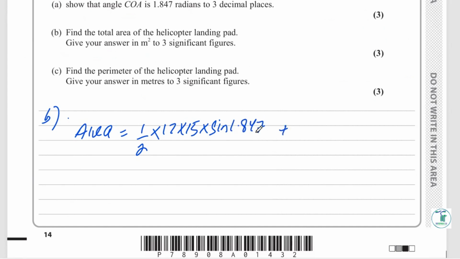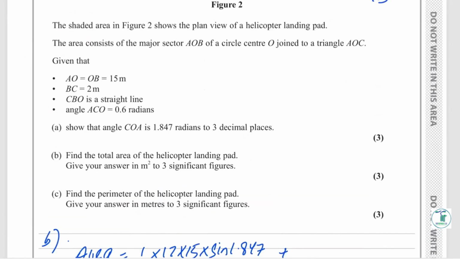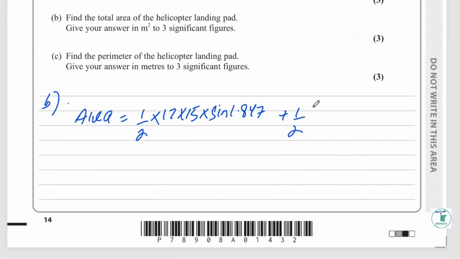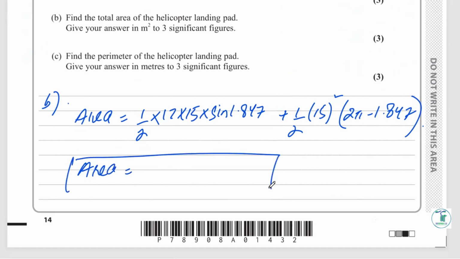Plus, to calculate the area of the sector, you use one half r squared theta. The radius is 15, squared, and theta is going to be 2 pi take away 1.847. You just need to add them up, and you'll get the total area.